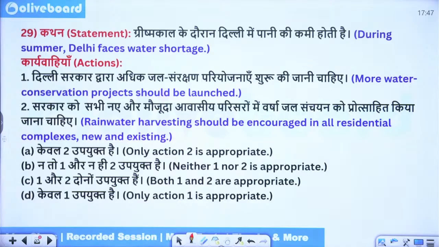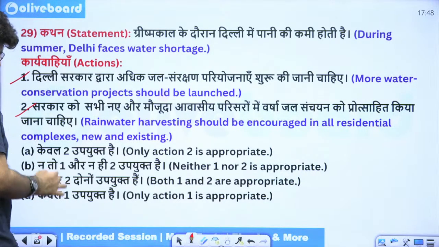I think this is so. More water conservation projects should be launched. Yeah, of course. And rainwater harvesting should be encouraged in all residential complexes. Okay. Both 1 and 2 are appropriate. Option C.